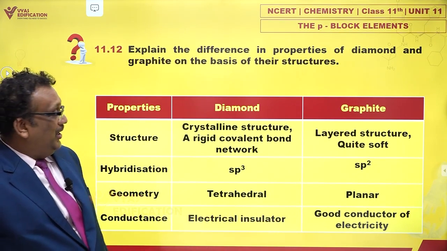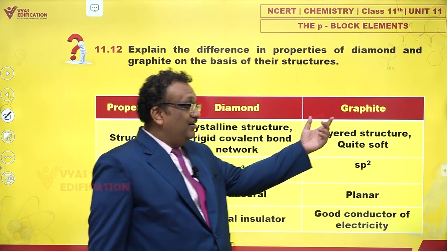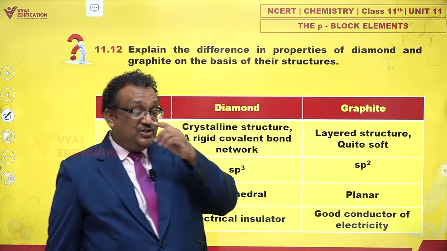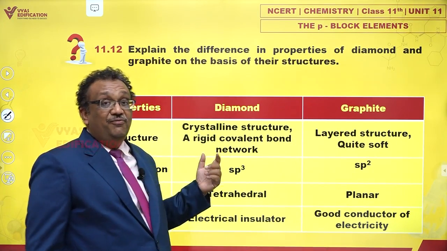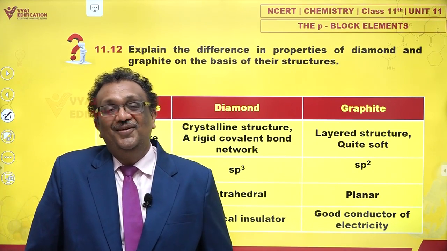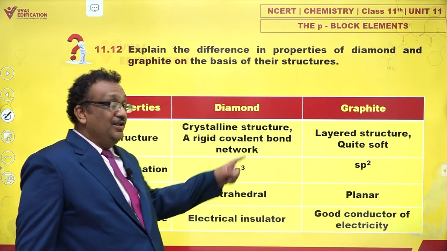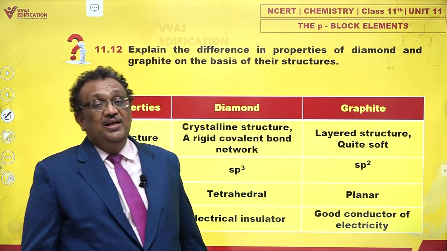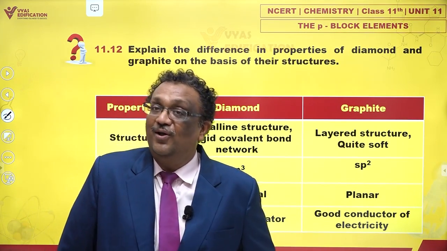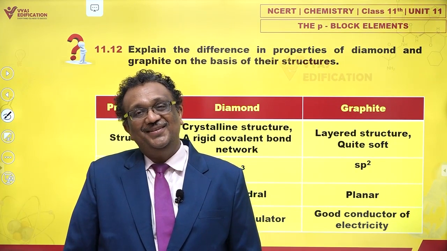One more thing I would like to add: graphite is a bad conductor of heat, and very surprisingly, diamond is a very good conductor of heat. So diamond is a good conductor of heat but a bad conductor of electricity. Graphite is exactly the opposite. It is a bad conductor of heat, but a good conductor of electricity.